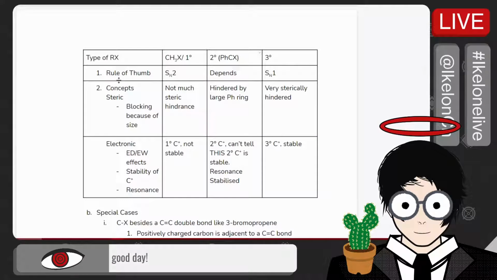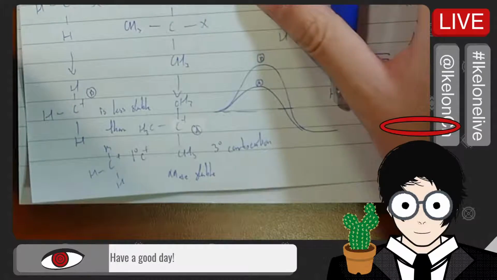If you remember the relative rate of reaction for factors affecting the reactivity: for SN2, it goes by the backside attack, and what this means is that a CH3 or a primary halogen derivative would not have much steric hindrance because there's only one alkyl group, or no alkyl group at all, so there's nothing blocking the approach from the backside.